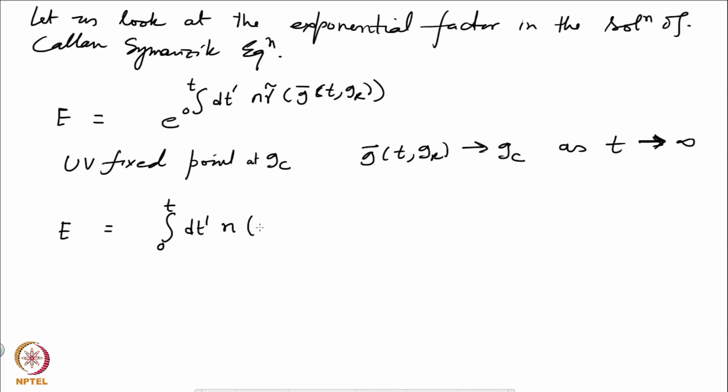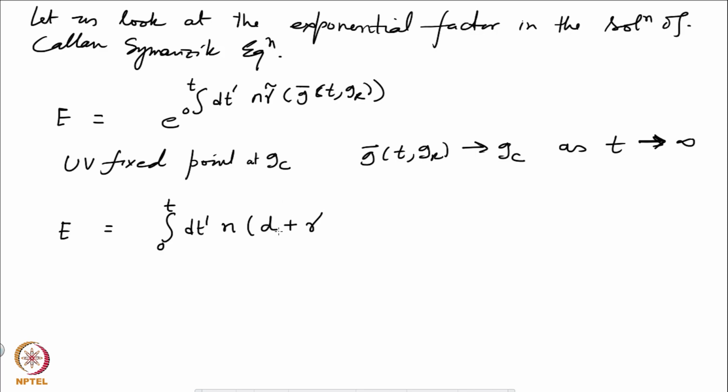I am right now just writing gamma tilde as d plus gamma, so earlier I used to write d phi tilde, but I am just writing d now. It's the canonical dimension of the corresponding field, but if you wish you can keep writing the phi here.